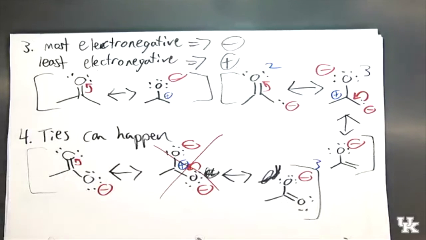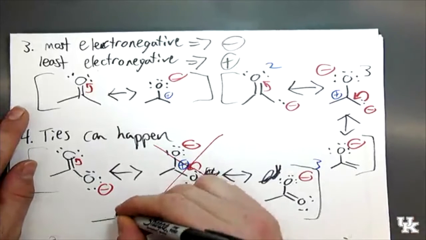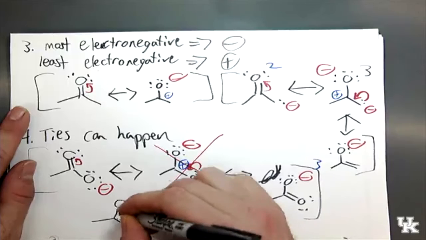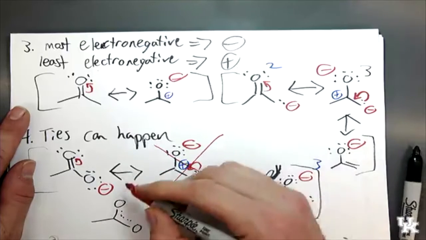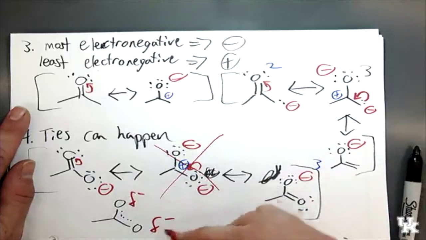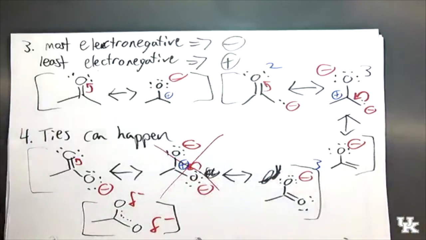We've been building to this point, right, where we're really ready to talk about drawing what the molecules look like. And in this case, we draw something kind of special called a resonance hybrid.